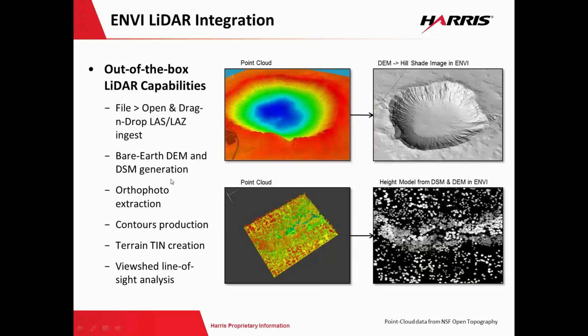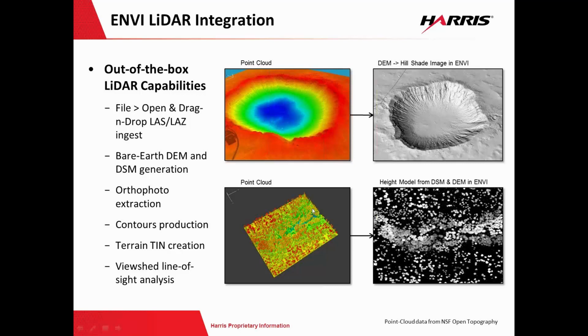So first off, on this slide, I'm showing some products that have been generated out of the box with ENVI. We've taken our point cloud, and we can create digital elevation models and surface models. Within ENVI, we can pull our extracted elevation model and create hill shades, and we can create slope and aspect. There's a lot of different products that can be generated now right out of the box.